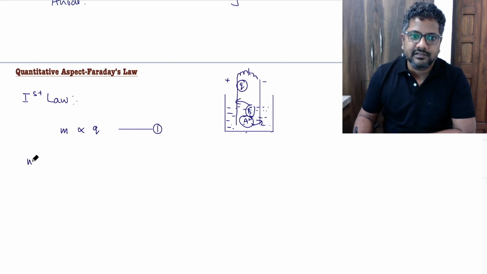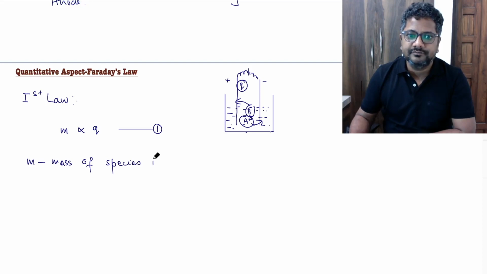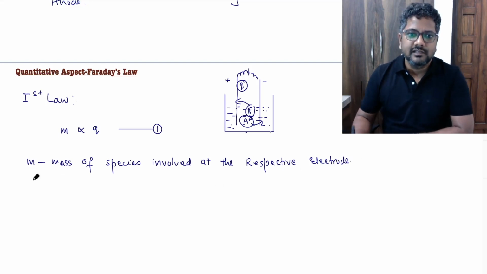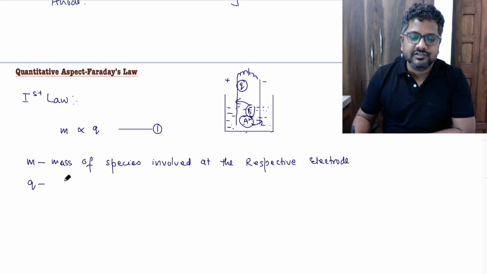What is the M here? M is the mass of species involved at the respective electrode, right? And Q is the charge.